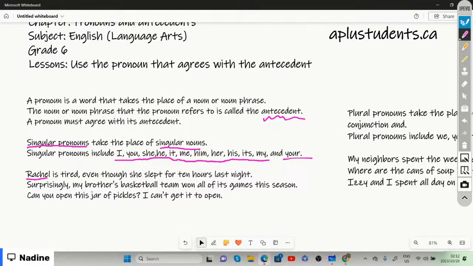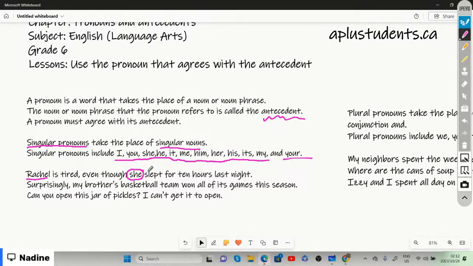Rachel is the noun, right? And the pronoun that takes the place of the noun is she.